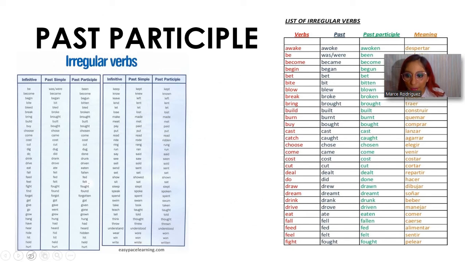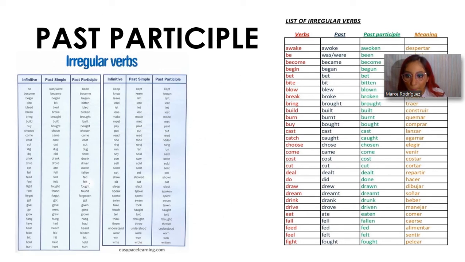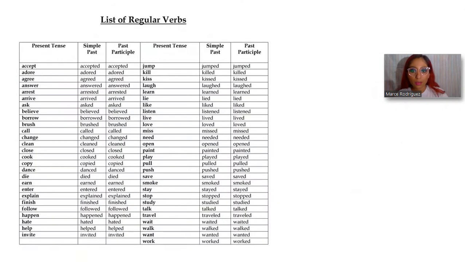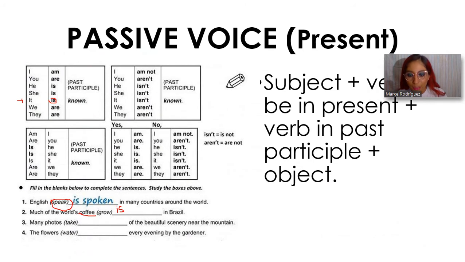Grow is an irregular verb. Grow, grew, grown, okay? Is grown. Grown in Brazil. Remember, past participle.